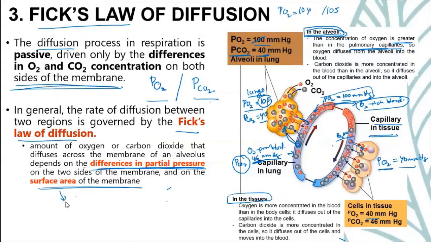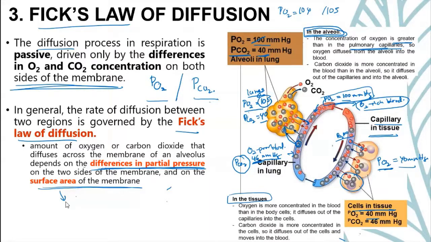Between the alveolus and the blood capillaries, these two partial pressures are different for these two gases. Similarly, when they reach your body tissues, the partial pressure of oxygen and carbon dioxide will also be different, which favors the movement of these gases. Your body cells, obviously, undergo cellular respiration to produce carbon dioxide.